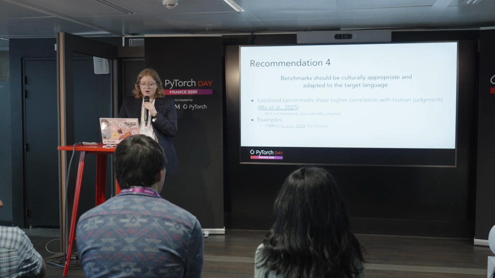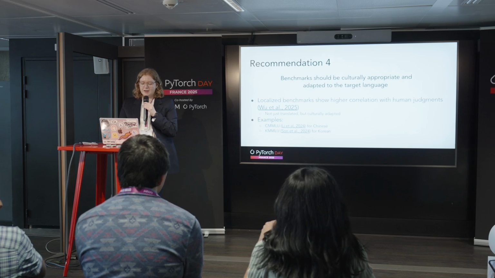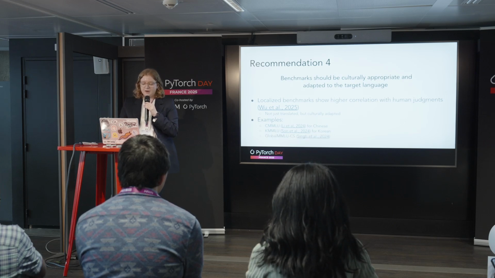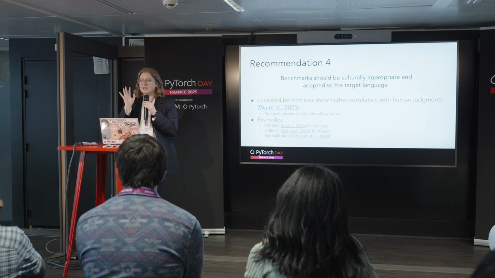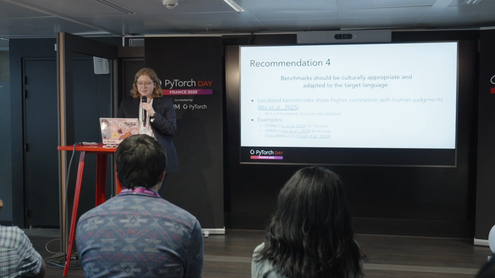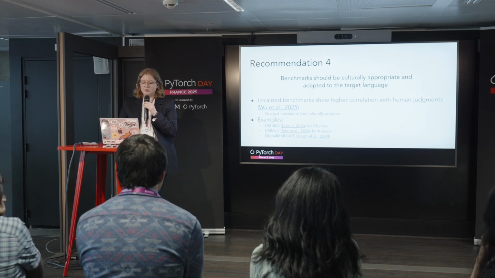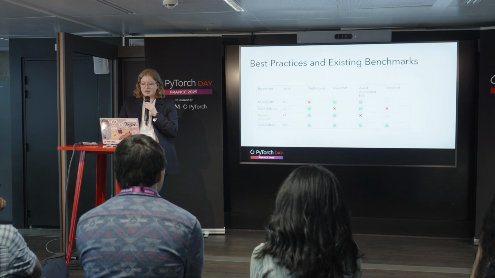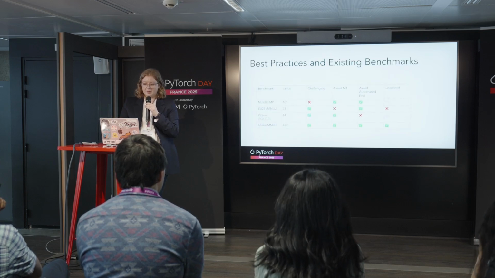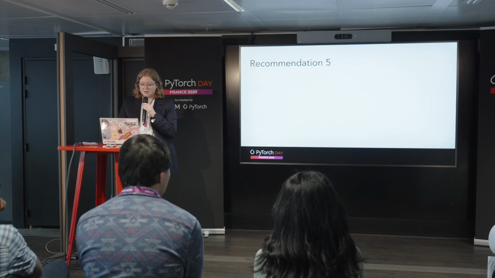Some examples are CMMLU and KMMLU for Chinese and Korean, and recently Cohere released Global MMLU, which has two different sections, but one of them has a culturally specific subset. So all of these are good examples of how to successfully localize MMLU to other languages. So Global MMLU does a pretty good job on all these recommendations.